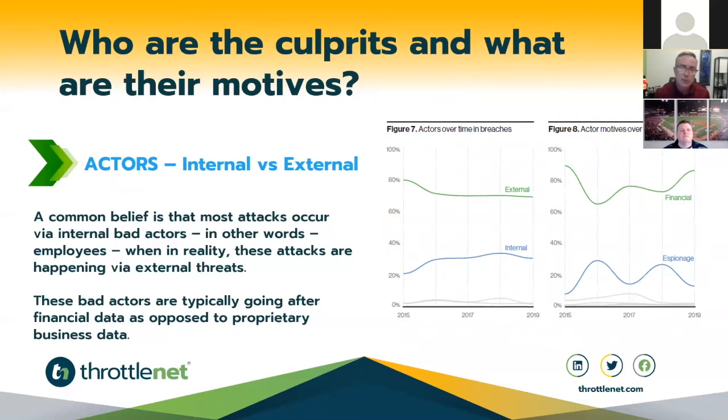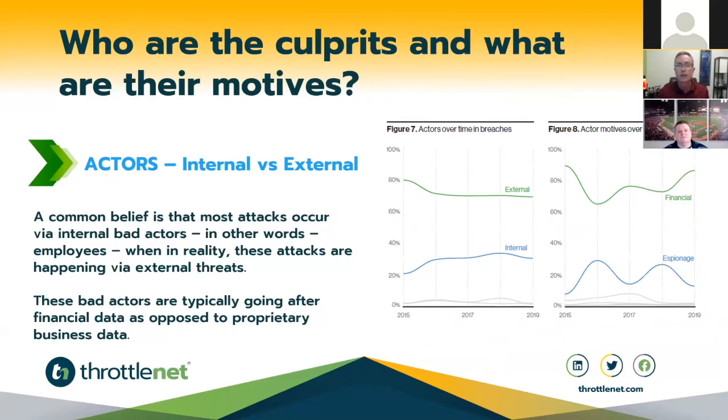You do have a percentage, of course, though, where it's internal, and you do, as you'll see when we get into those small to medium-sized businesses most affected, those verticals, if you will, that are most impacted, where they cross one another. There's a bit of a cross-section that occurs. And what I mean by that is that essentially you have an external person working in conjunction with an internal person to commit a cyber attack of some kind. And typically their motives around this are one of two things: financial, right?